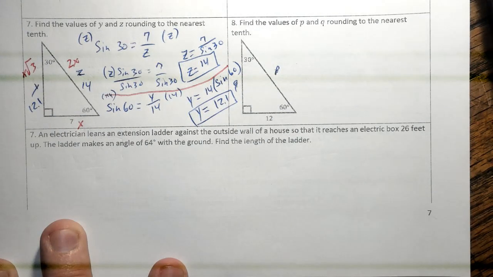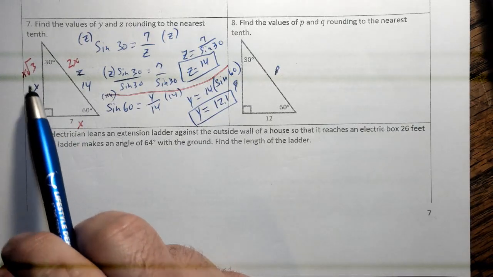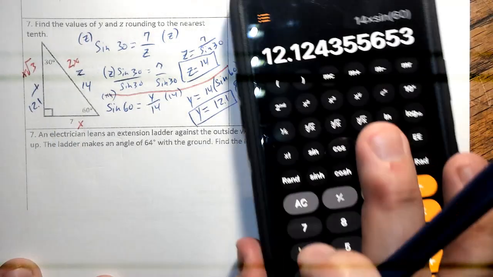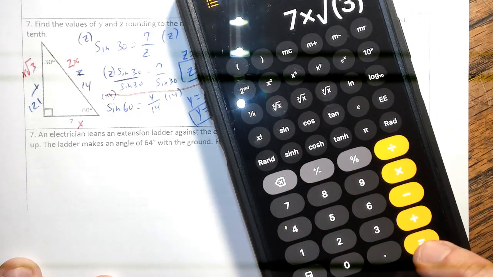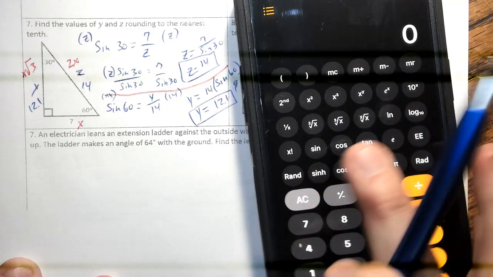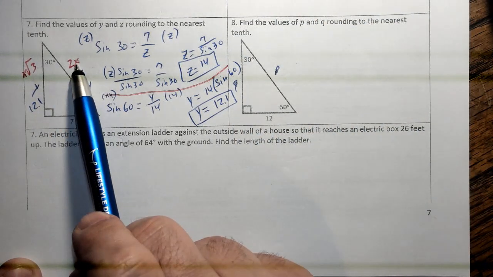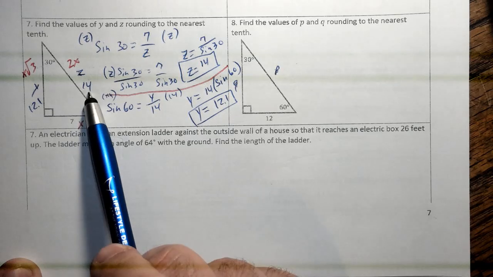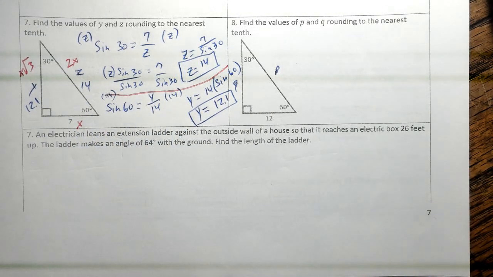So if x is 7, 7 times the square root of 3 equals 12.12. And then if this is x and the hypotenuse is 2x, 7 times 2 is 14. So see, the math works both ways. I wanted you guys to see that.